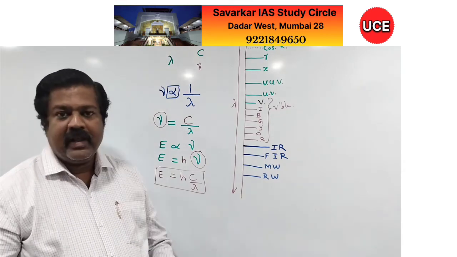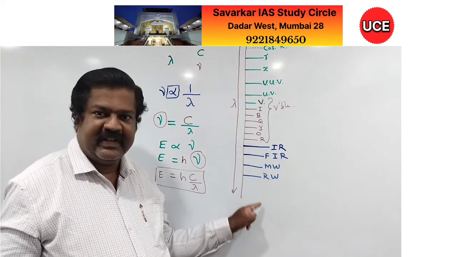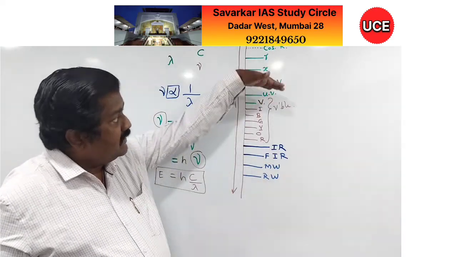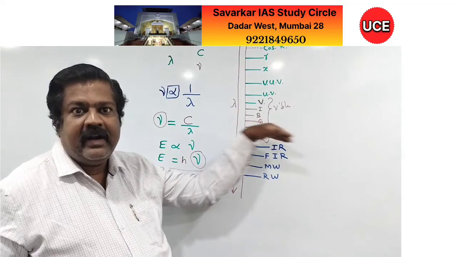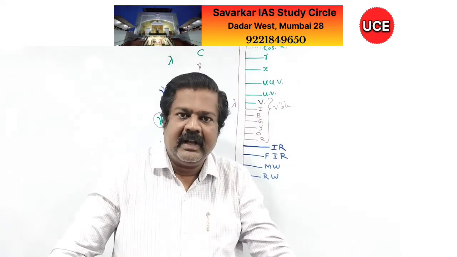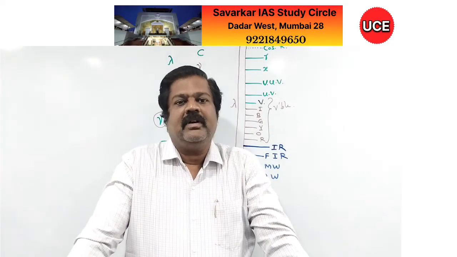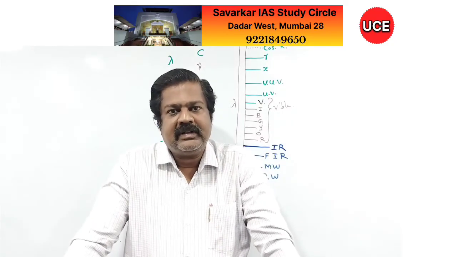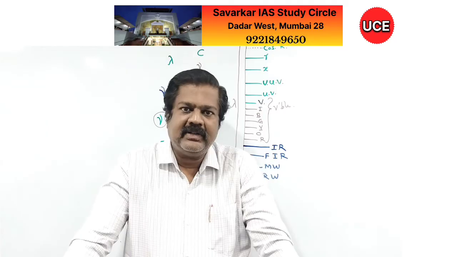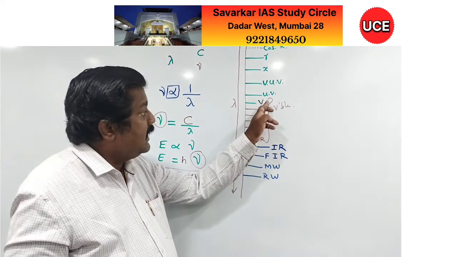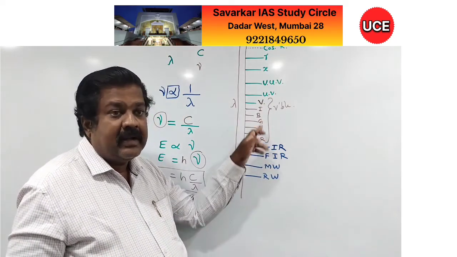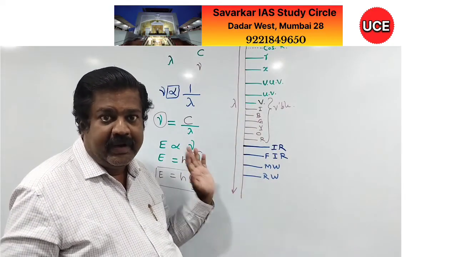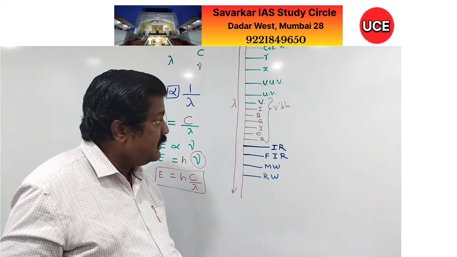These radiations are again invisible. These radiations are low energy, these radiations are high energy, and these are visible radiation. So this is called spectra. Initially light scattered through a prism was called spectra, but now we realize that apart from this visible part, this is high energy invisible radiation, and this part is low energy invisible radiation.